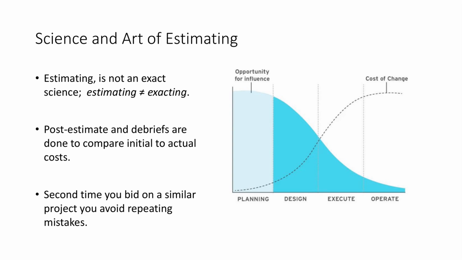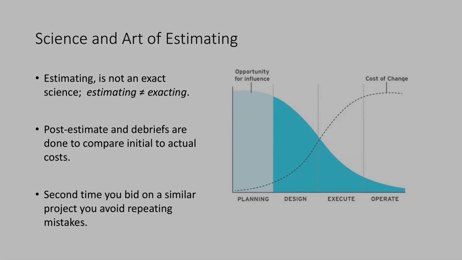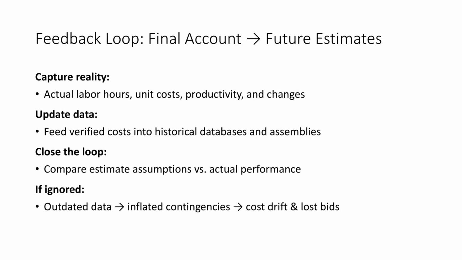So the second time you bid on a similar project, you avoid repeating the mistakes that you made the first time. But again, the second time, your deviations will be narrower, but that doesn't mean that your estimate will be 100% accurate. It's called the feedback loop. So you get the final account for the future estimates.